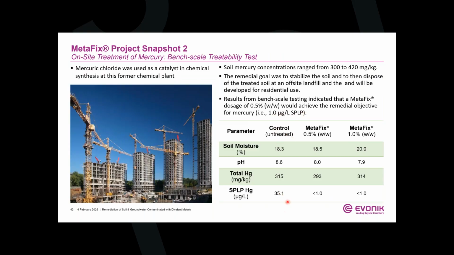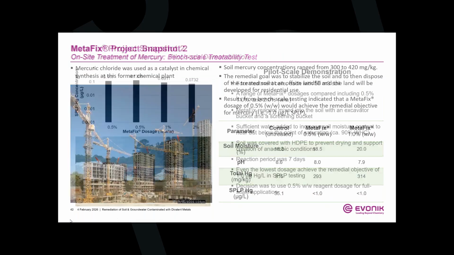The untreated control soil had SPLP mercury of about 35 ppb, total mercury of over 300 ppm. And the bench scale testing showed that either 0.5% or 1% of Metafix performed equally well and was able to achieve that 1 ppb for SPLP mercury.